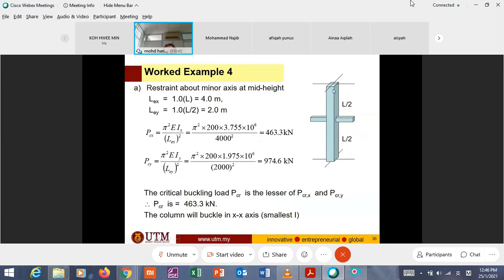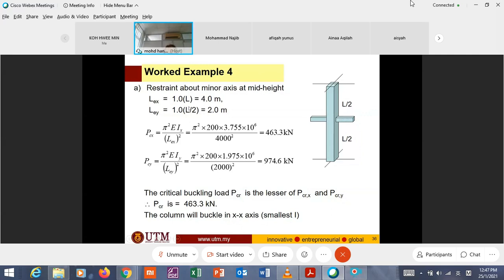Therefore, this column is restrained from buckling about minor axis, which means the minor axis will become stronger compared to major axis. But what level of stronger? Because major axis is normally stronger than minor axis. So it depends on the position of this restraining or the support.